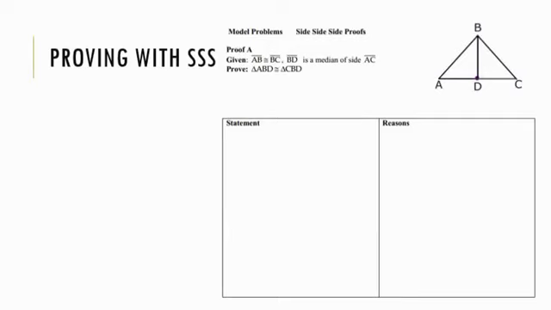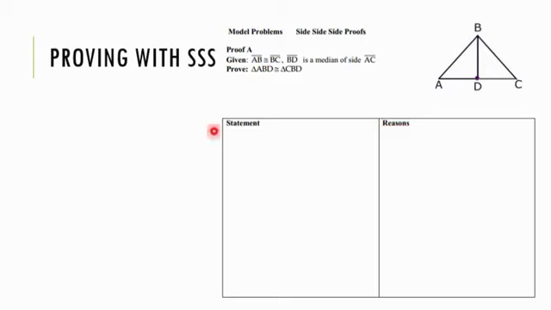Okay, so let's start off with this proof. Now, just a reminder, when we're doing proofs, we want to make sure that we have two things. That's a column where we are going to make a statement, and that's right here. And then to the right of that, there needs to be a column of the reasons why we can make those statements.